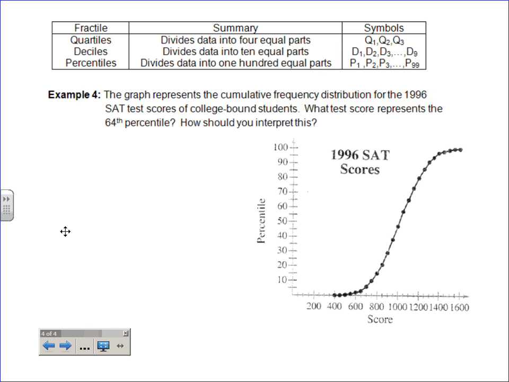So this is actual data. I should probably cite it. Sorry about that. 1996 SAT scores. Notice it starts off kind of slow there. But hopefully you don't get a 400. I think you kind of get that for showing up and paying your money. But then you see some people got almost a 1600, right? But do you notice, does it really go to 100?